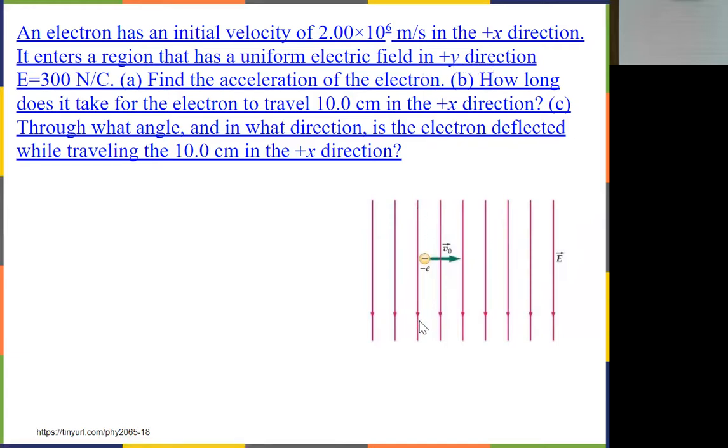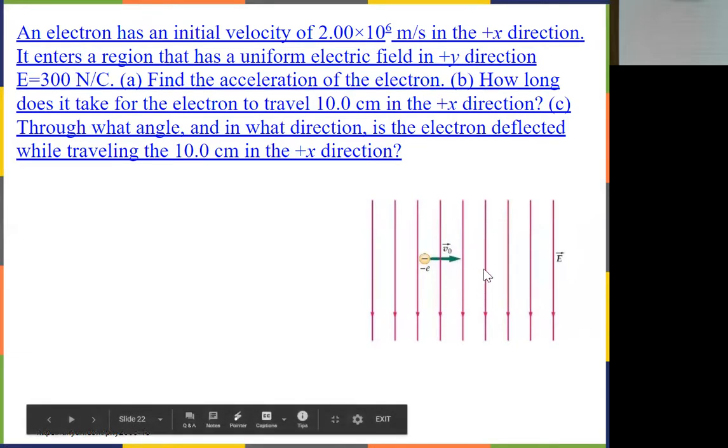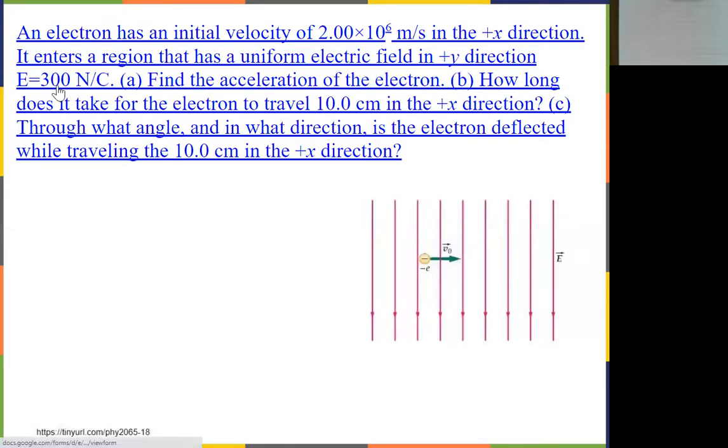That means positive is pointing downward for the y direction. The E field is 300 newtons per coulomb in strength. It says find the acceleration of the electron. And then how long does it take for the electron to travel 10 centimeters in the x direction? Through what angle and in what direction is the electron deflected while traveling 10 centimeters in the x direction?